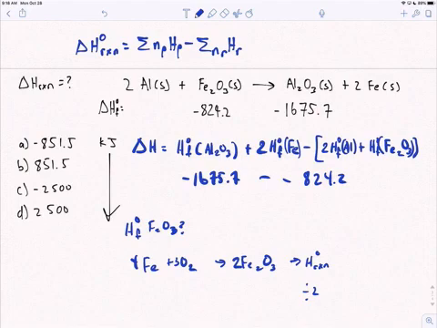It's very reactive, and then it forms this, and then you do the heat of reaction divided by 2, and you do that. Okay.